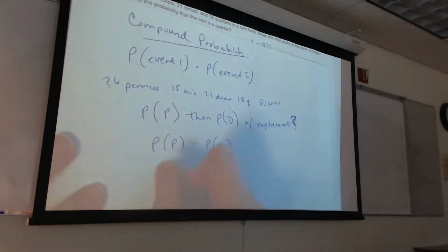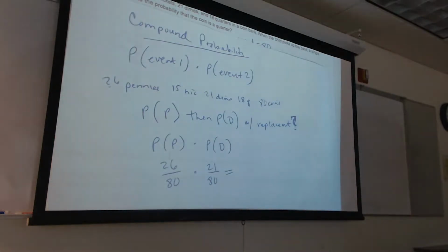So penny, there are 26 pennies out of 80. Dimes, there's 21 dimes out of 80. Now, why did I put the denominator was the same? Because I took one out and replaced it, and that's a key. I took it out the first time, so I drew one, got a penny. Yay!